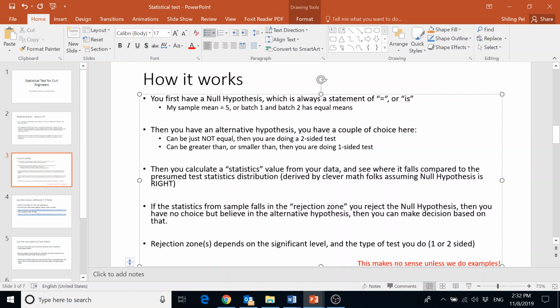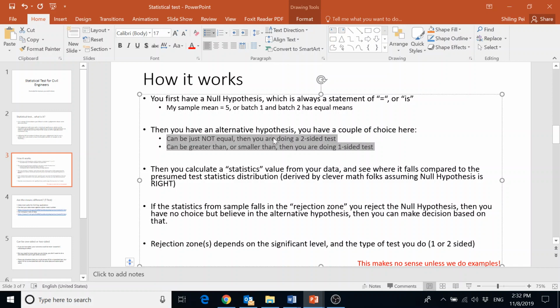Or the alternative hypothesis can be that my concrete strength is greater than 5 KSI, or is it smaller than? When you do that, you are doing a one-sided test. So those are your typical choices: either a one-sided or a two-sided test.